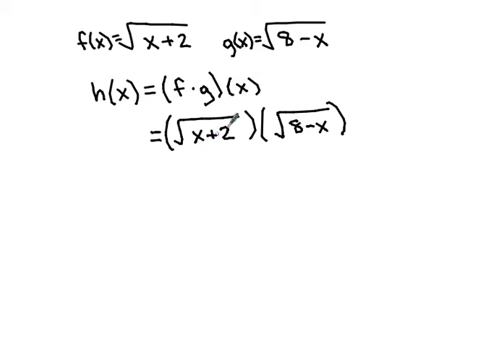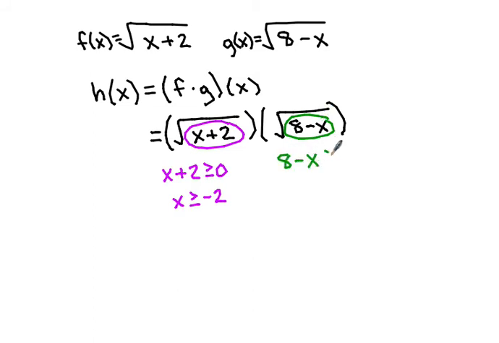The first domain, again, it's a square root, so we want that part to be greater than or equal to 0. So for this piece, I want x to be greater than or equal to negative 2. In this particular piece here, same idea with the square root. I don't want this 8 minus x to be negative, so it's got to be greater than or equal to 0. And so in this case, we'll add the x over. We'll see that x needs to be less than or equal to 8.